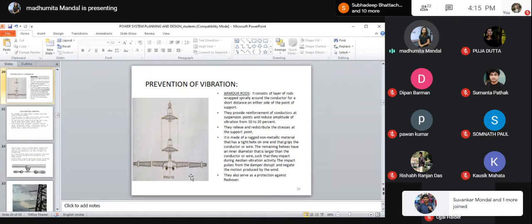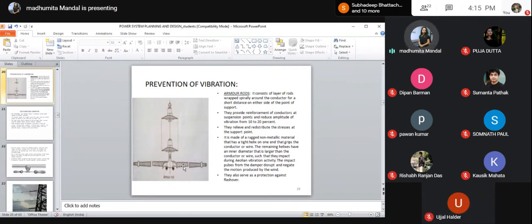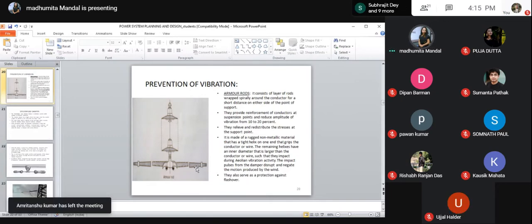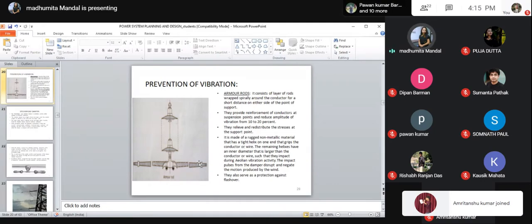This type of prevention method is used to protect the conductor from Aeolian vibration. The impact pulses from the damper disrupt and negate the motion produced by the wind. They also serve as protection against flashover because non-metallic materials are used.